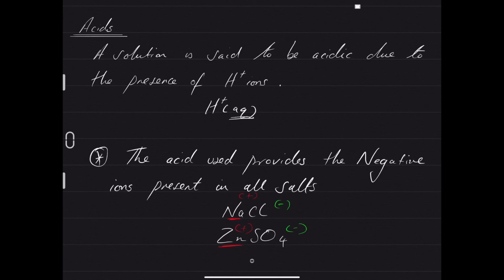The negative ions will make up the salt in the product by combining with the metal. So the acid used provides the negative ions present in all salts, and I've given you two examples of salts here: NaCl and zinc sulfate.